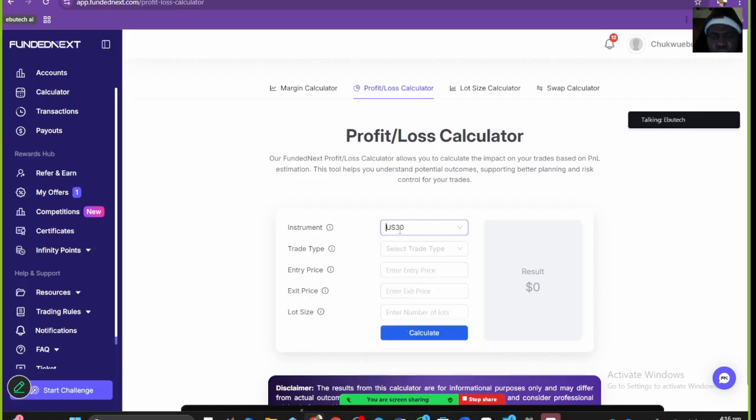Once you search US30, you put US30, then trade type. If you are going to be buying that market or you are going to be selling that market, you put buy. If it's selling, you input sell, right? Then after that, the entry price. How do you get the entry price?